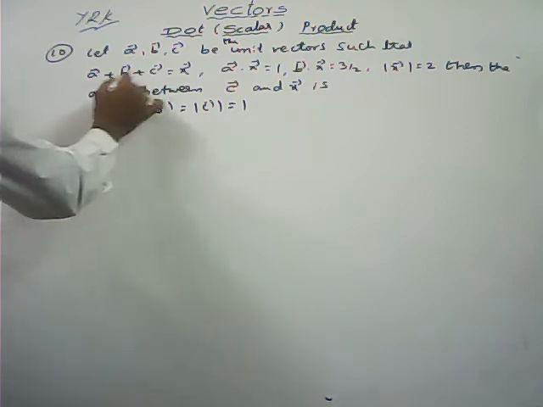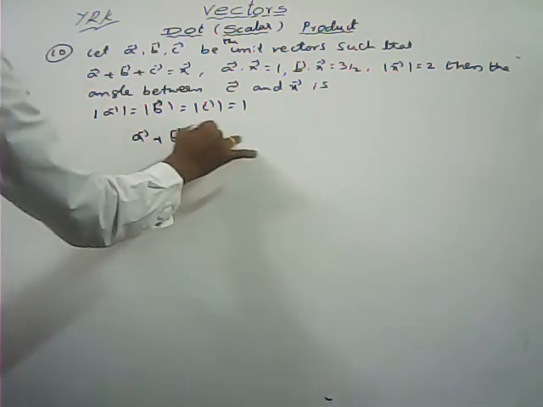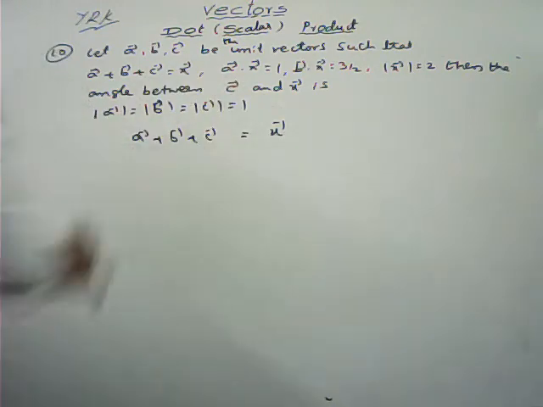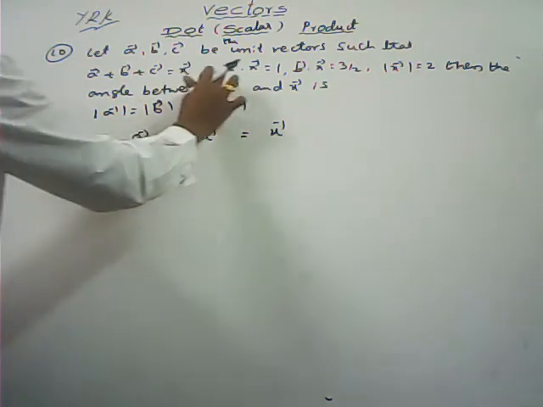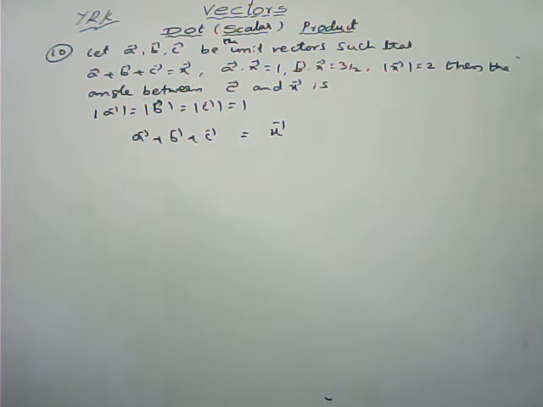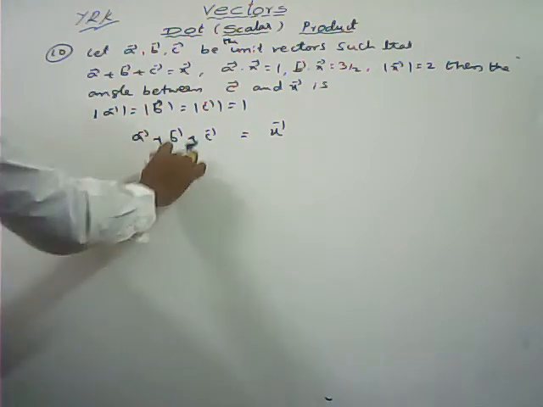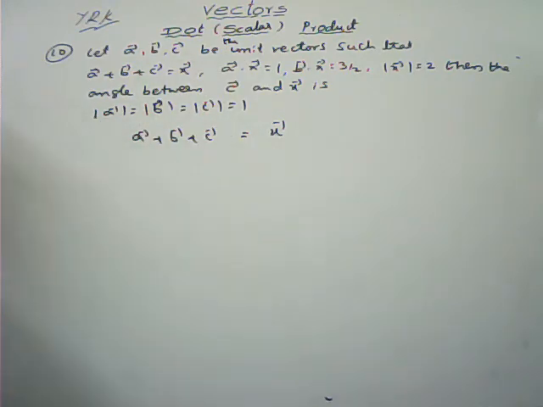And a bar plus b bar plus c bar is equal to x bar, given. Some more conditions are also given: a bar dot x bar equals 1, b bar dot x bar equals 3 by 2. How to get these relations? This relation is also given. By using this relation, how can we get the two relations here?